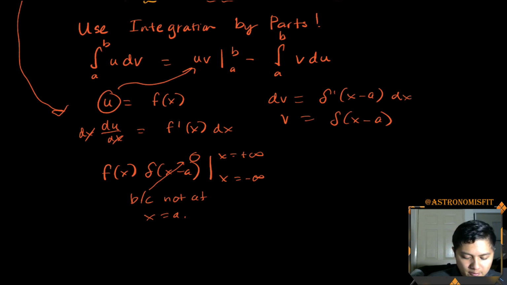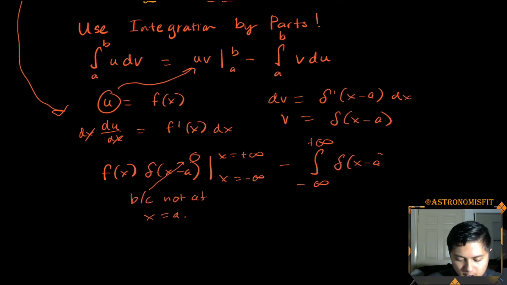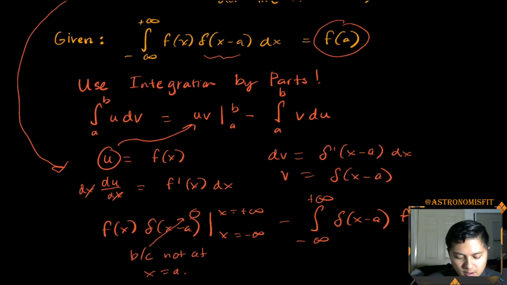And so now we have the second piece of our integration by parts. We just have the integral from negative infinity to positive infinity. Now v is delta x minus a, and now our du is f prime of x dx, right? Well, now remember, we're just going to use the property of the delta function right here.